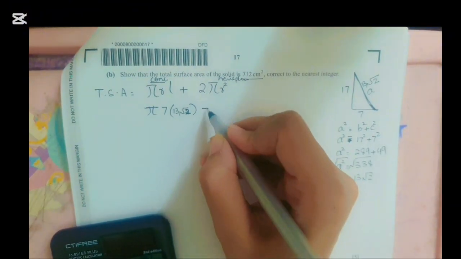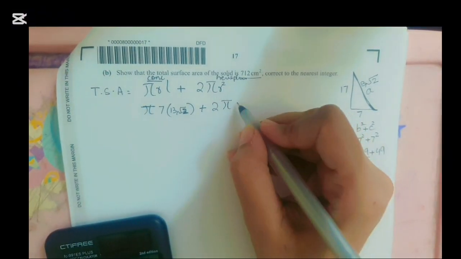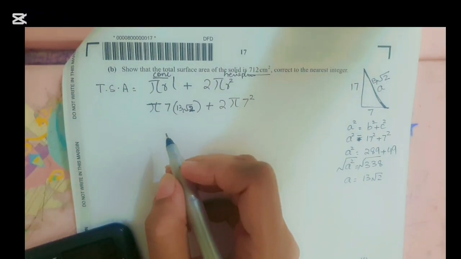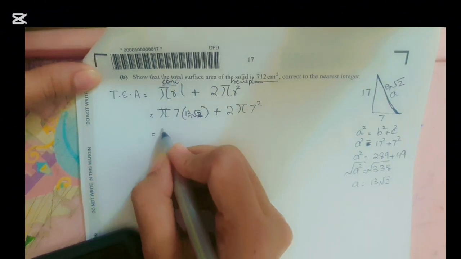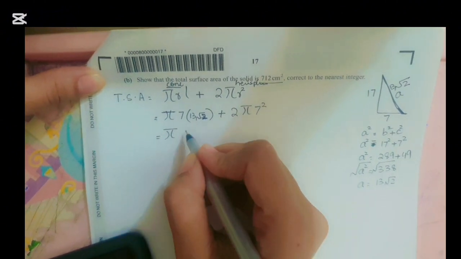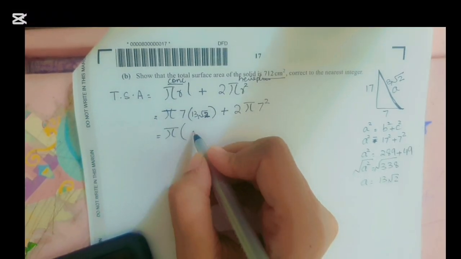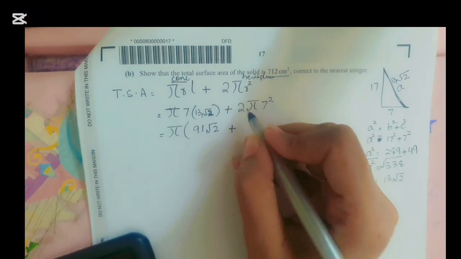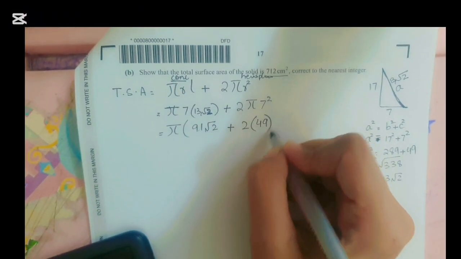Plus 2 pi, and the value of r is 7. Now I am taking pi as common. Taking pi as common, I will have 17 times 13 root 2, plus pi is common, 2 times 7 square is 98.